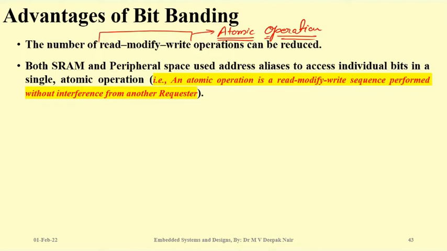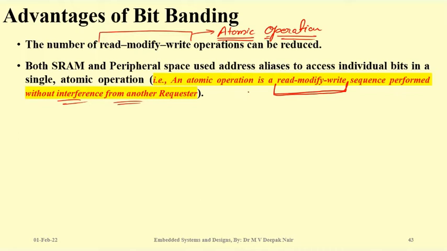What is the atomic operation of any particular microcontroller? It is the smallest possible operation which the microcontroller can do. In the case of ARM Cortex-M4, this is the atomic operation. That means the read, modify, and write sequence, keeping in mind, without any interference.